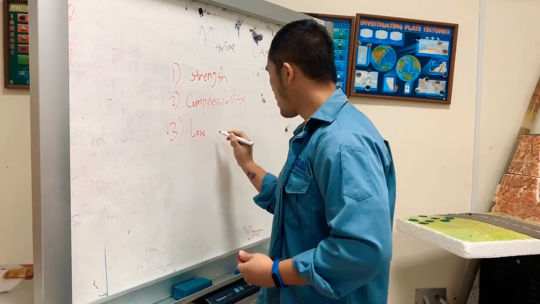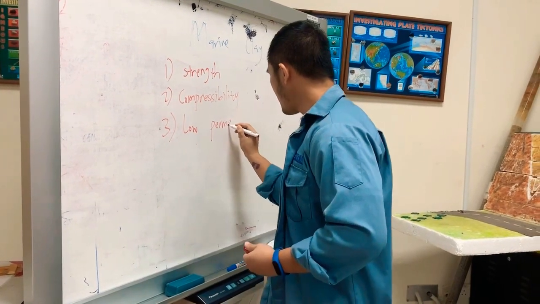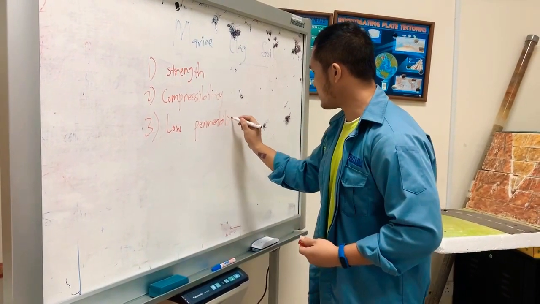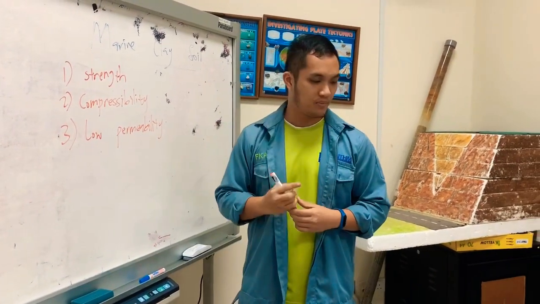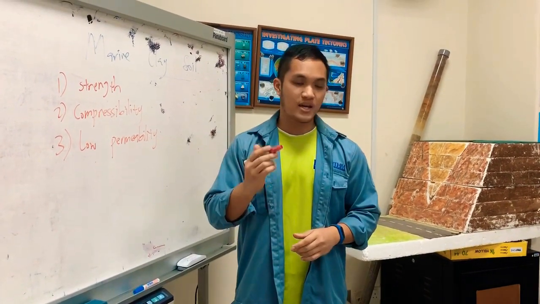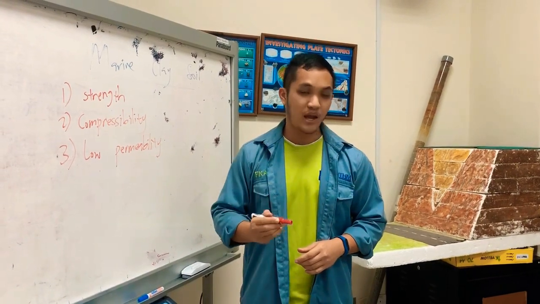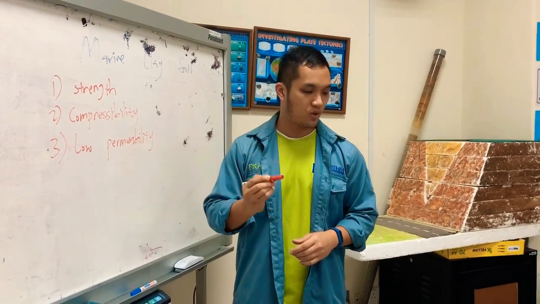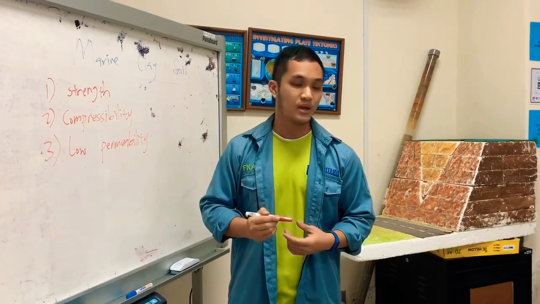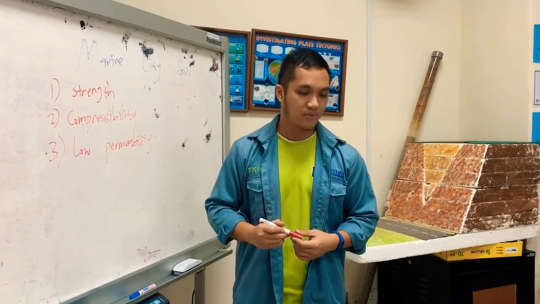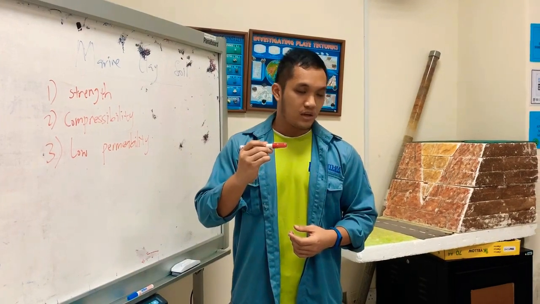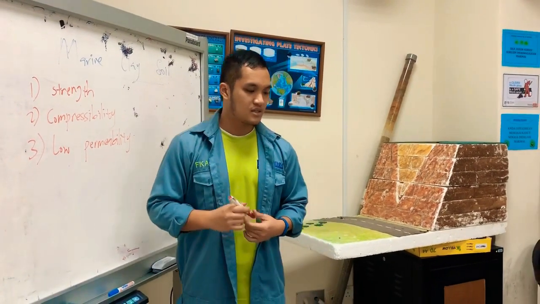The third problem that we encountered is its low permeability and seepage. What is meant by low permeability? Marine clay soil has the ability to absorb water, and when it absorbs water, it is in a slurry form. In its slurry form, its strength is very negligible. It cannot even withstand its own self-weight.